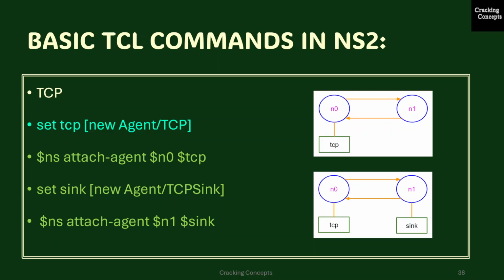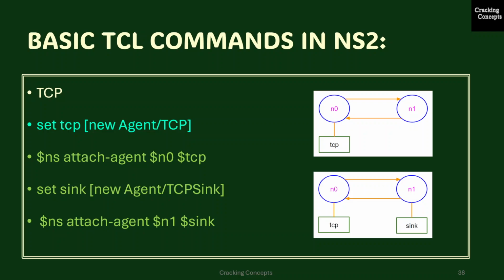The next command, set sink [new Agent/TCPSink], defines the destination of TCP by a pointer called sink. The next command, $ns attach-agent $n1 $sink, defines the destination node as n1. This procedure is shown here.